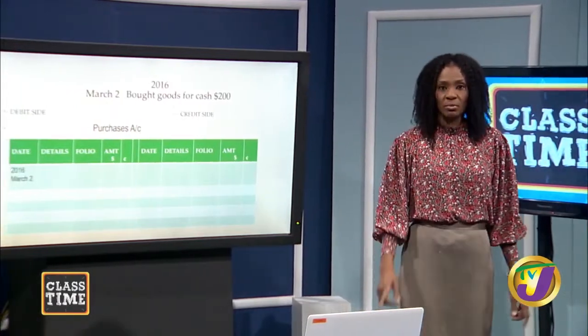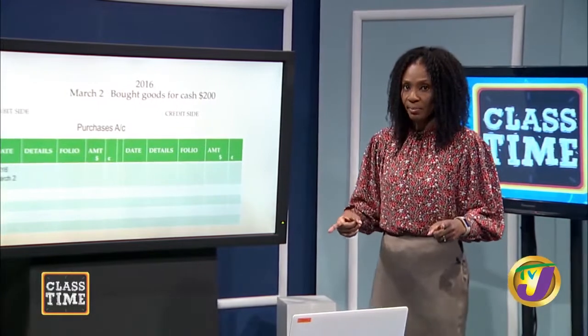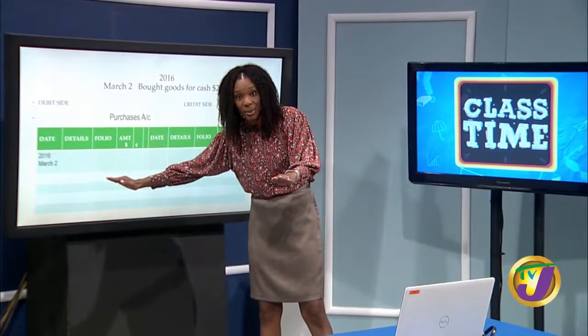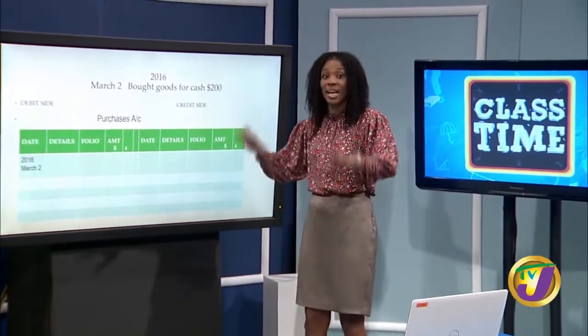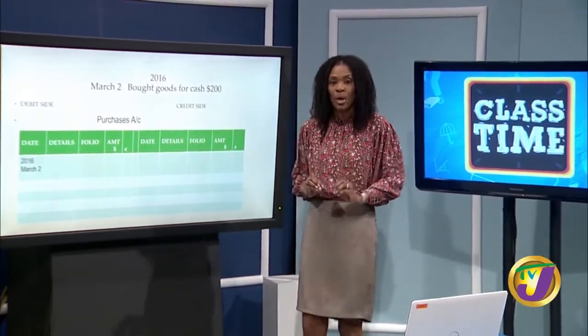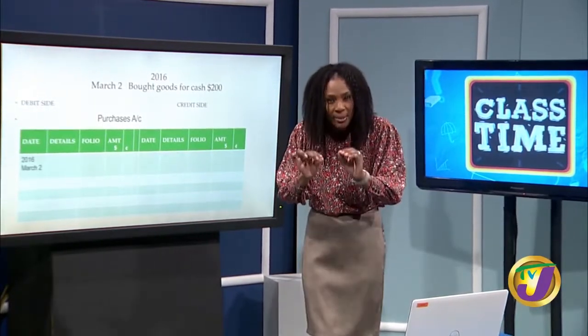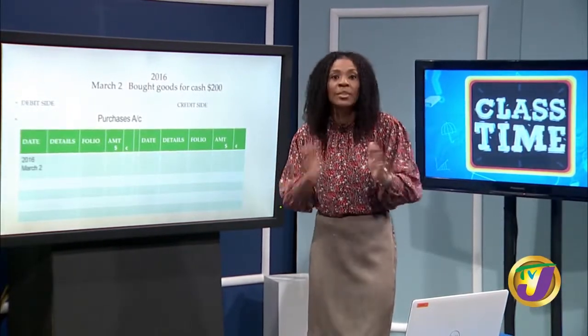Demonstration. You would have had your ledger sheet ruled up. We're opening up the purchases account now. Good student? Don't forget, the left side of the ledger is always the debit side. The right side is the credit side. Now we just established that we're going to debit the purchases account, didn't we?